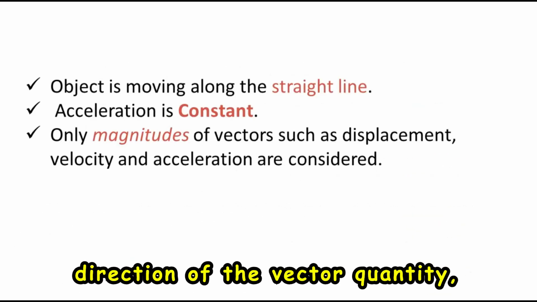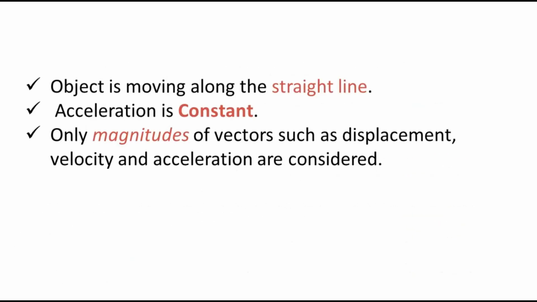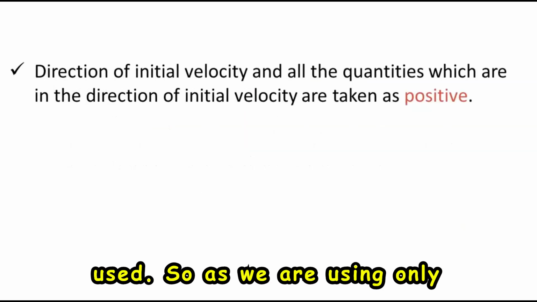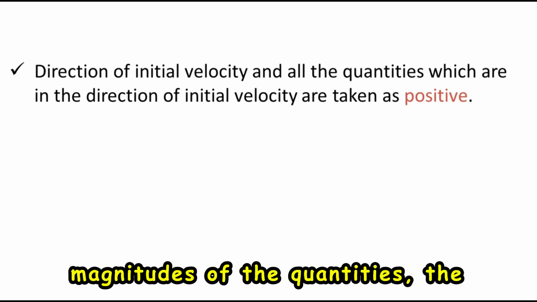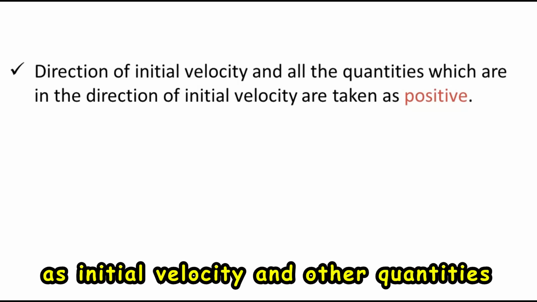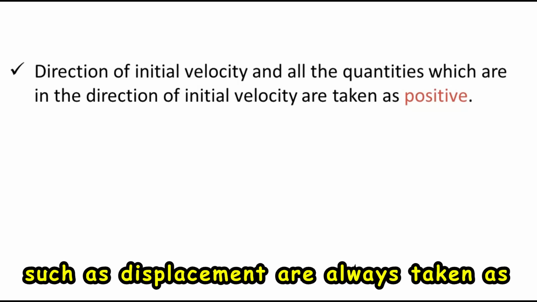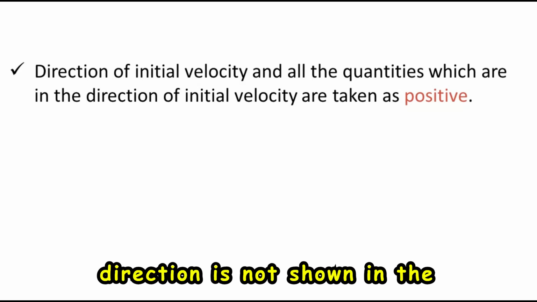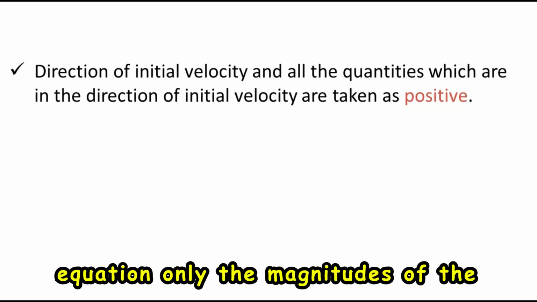In order to show the direction of the vector quantity, positive and negative signs are usually used. As we are using only magnitudes of the quantities, the direction of vector quantities such as initial velocity and other quantities such as displacement are always taken as positive. So direction is not shown in the equation, only the magnitudes of the vector quantities.